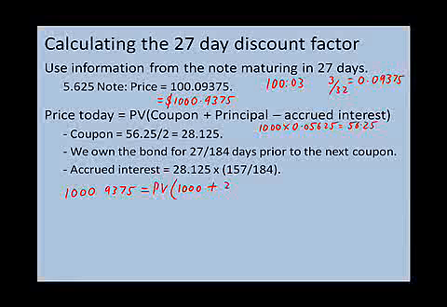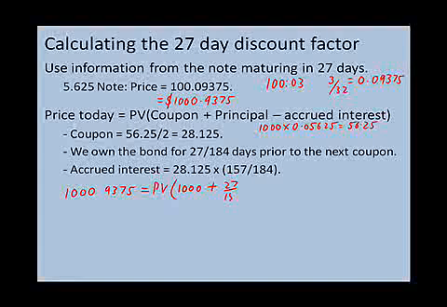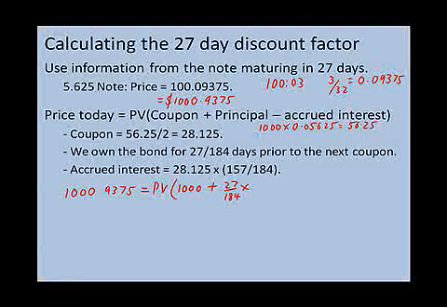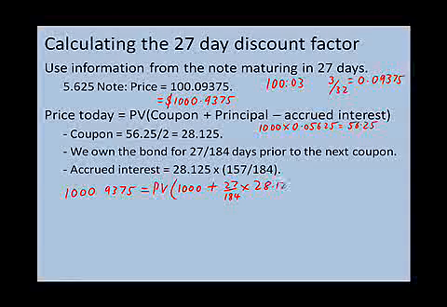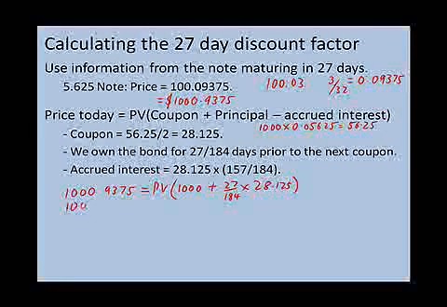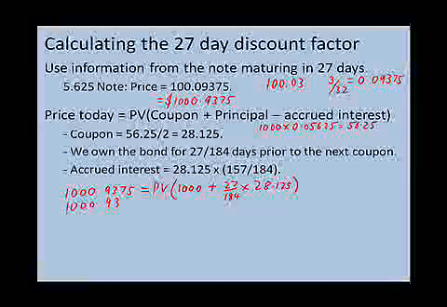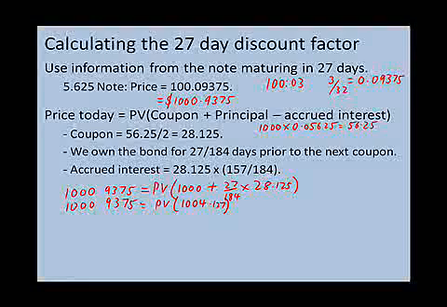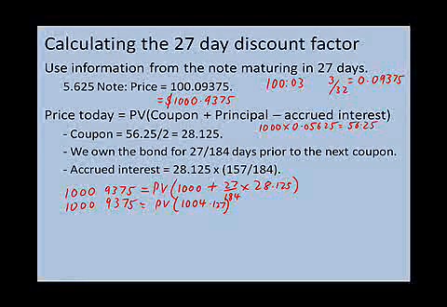We're going to get 27 days divided by the 184 times the coupon payment, 28.125. We can simplify this. The price today is equal to the present value of $1,004.127.